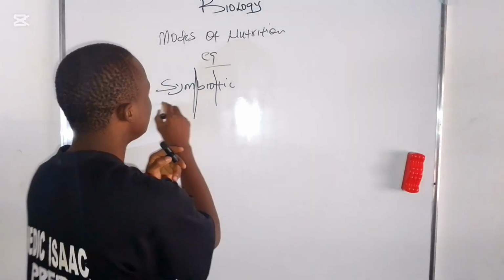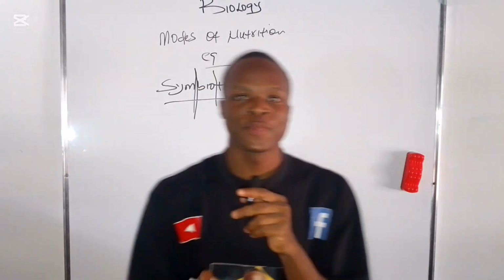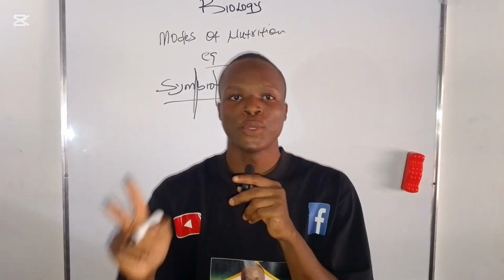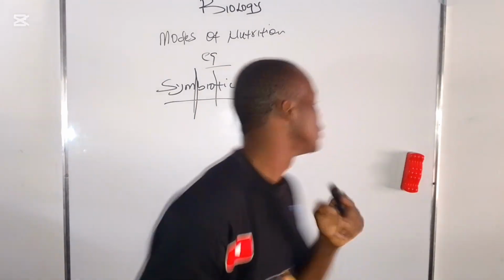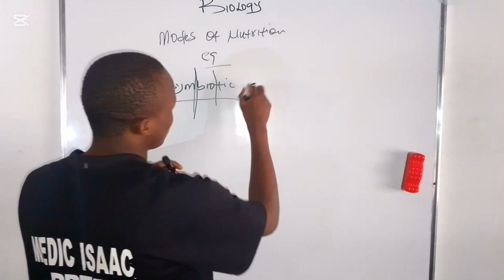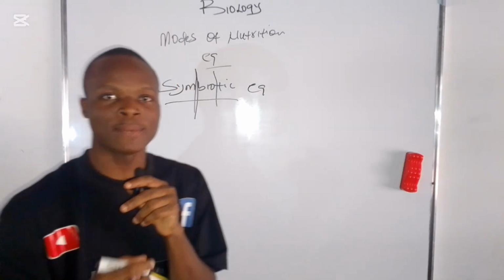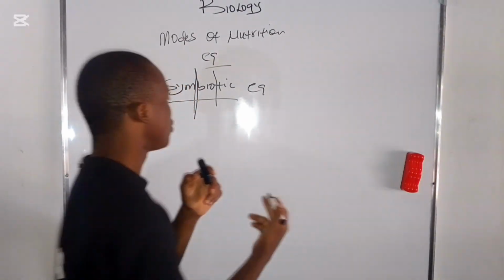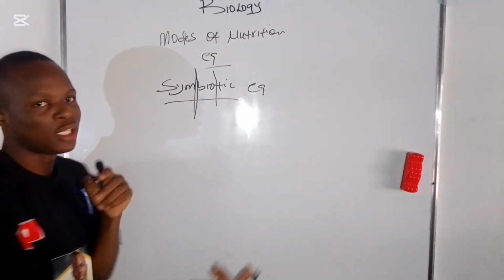Do you understand? So in this aspect, they are saying that two organisms feed together, none is being harmed, but they are helping each other, right? So let's go straight to the point. I don't know whether I'm to define it, but I think this explanation will teach you many things you need to know, right?